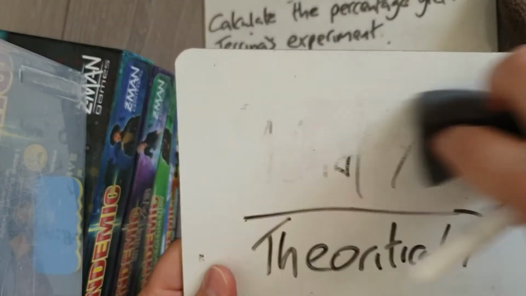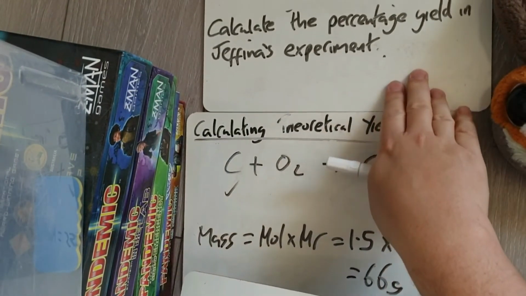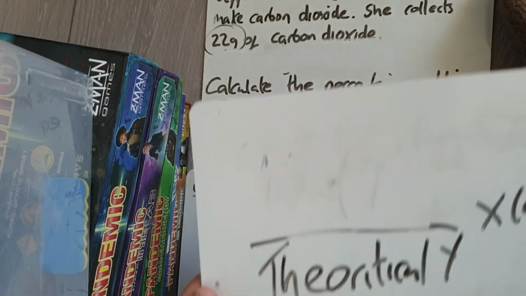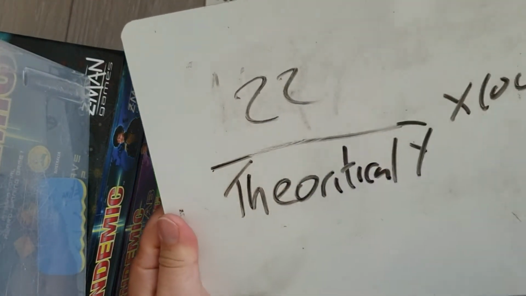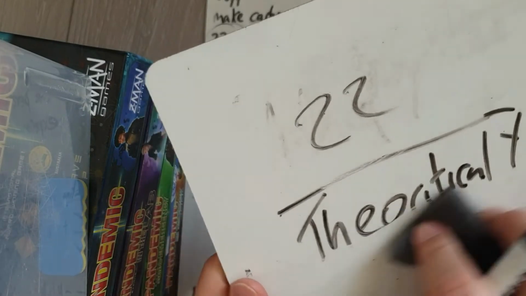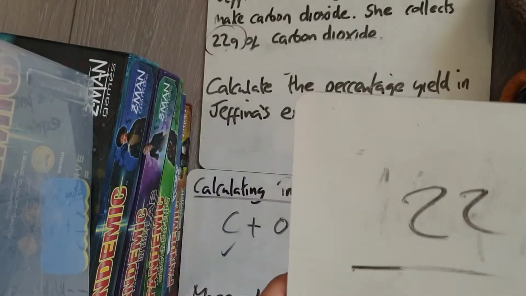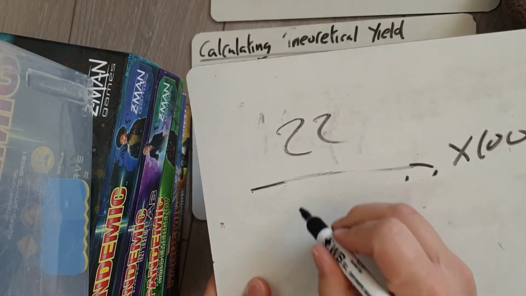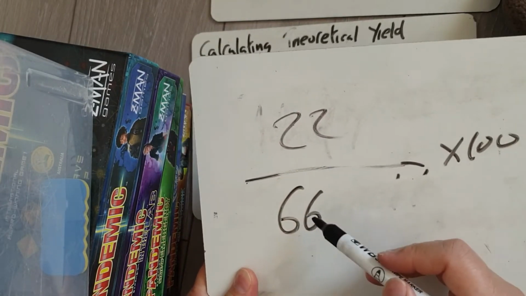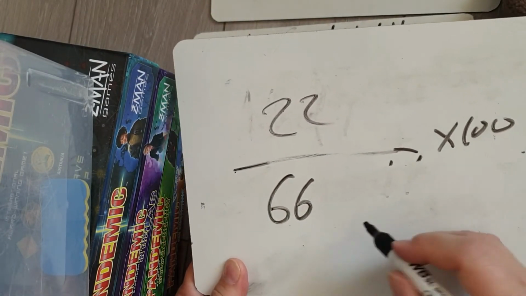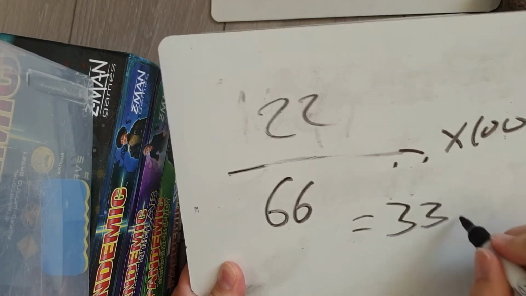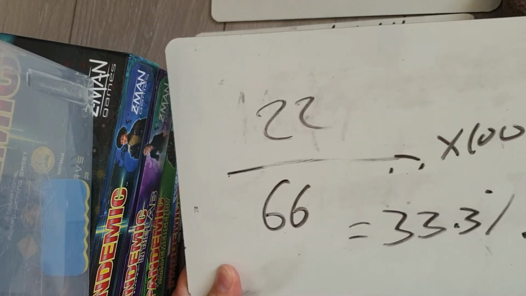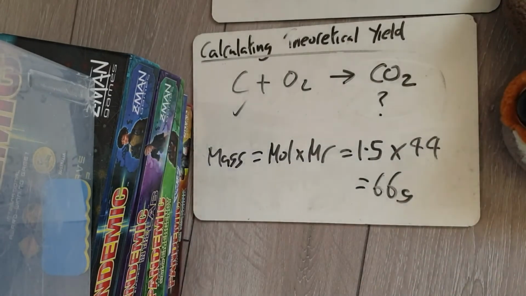The actual yield was in the question: Jafina managed to get 22 grams. The theoretical yield was what we had to work out. It was 66 grams. So 22 divided by 66 times 100 gives us 33.3%.